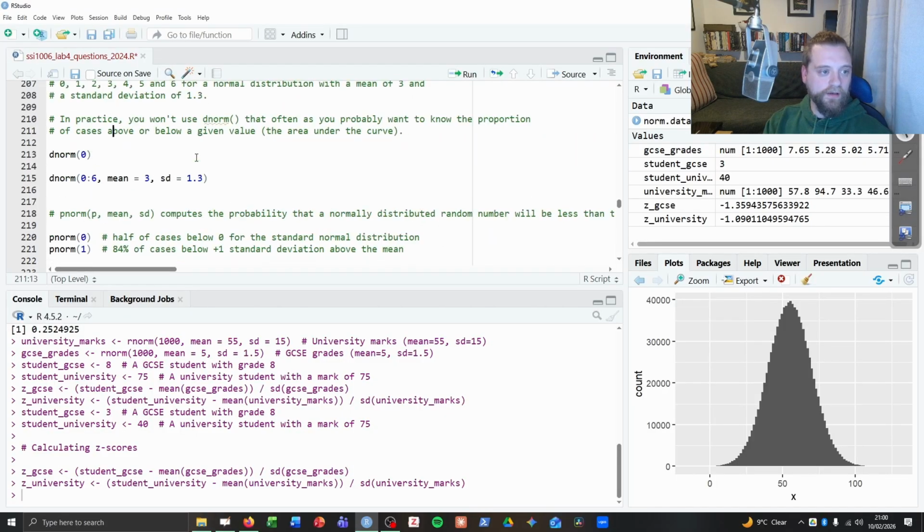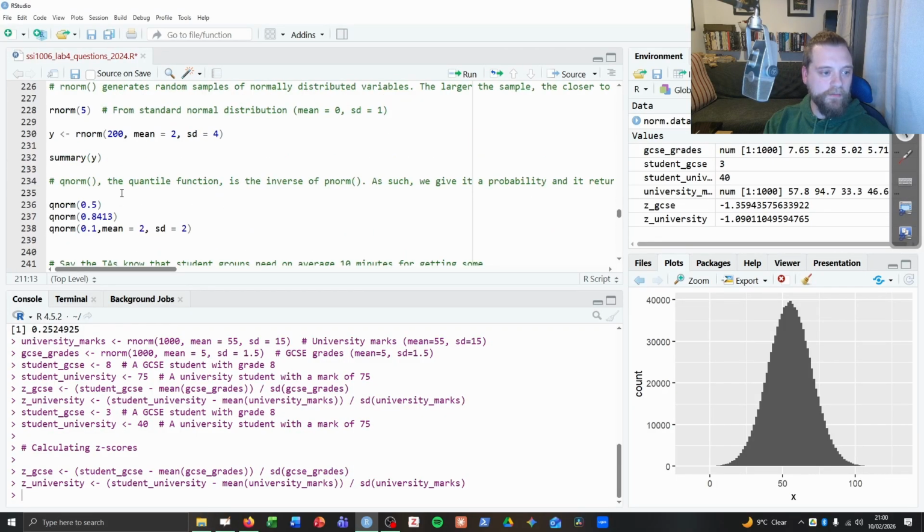So what does this look like? I'm going to skip over dnorm here, and I'm going to come down to qnorm. So let's set up a qnorm with the figures that we've been using. So qnorm, instead here, we specify this 84%. And let's give it that mean of 55 and the standard deviation of 15.